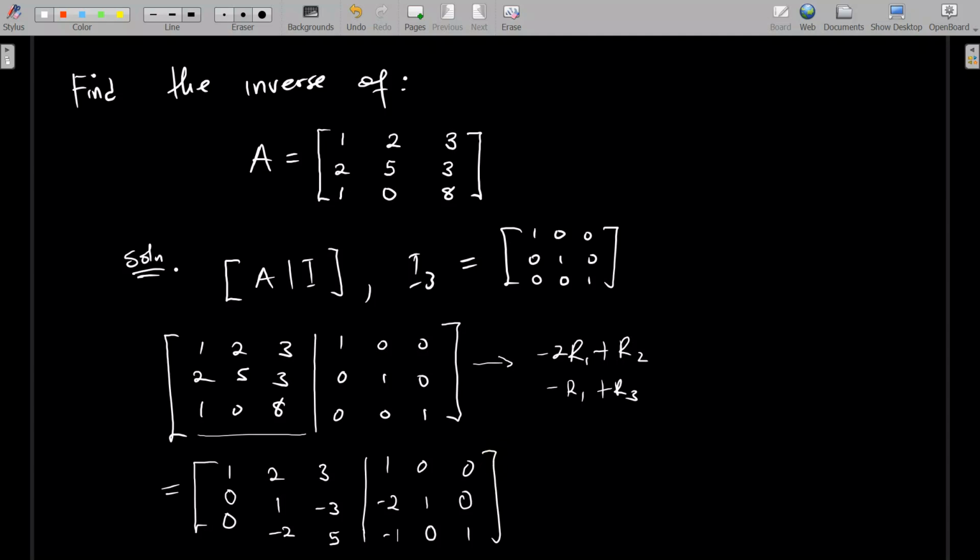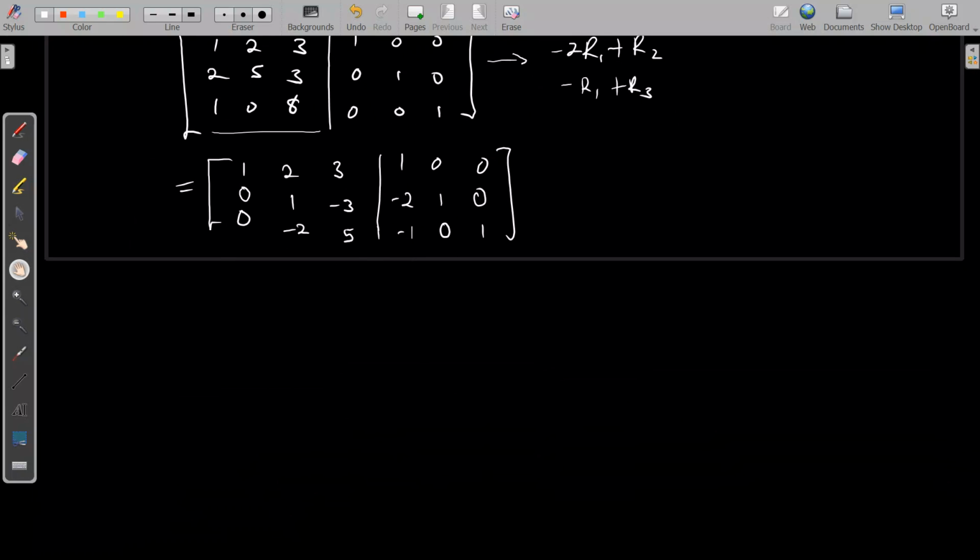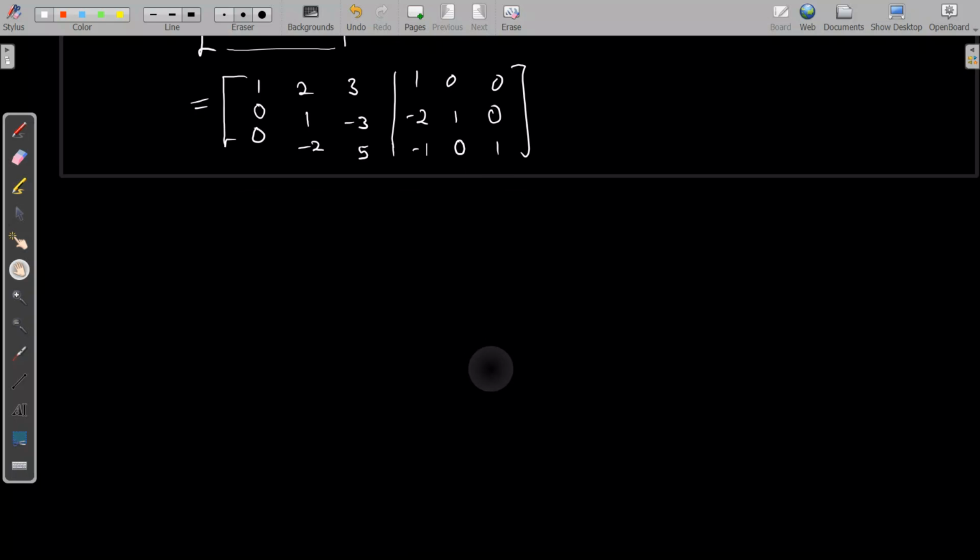Okay, so that's our first transformation for this operation. Now we continue and transform the rest of them. I'm going to base on this one and make sure that the number below it, that is the -2, is also 0.